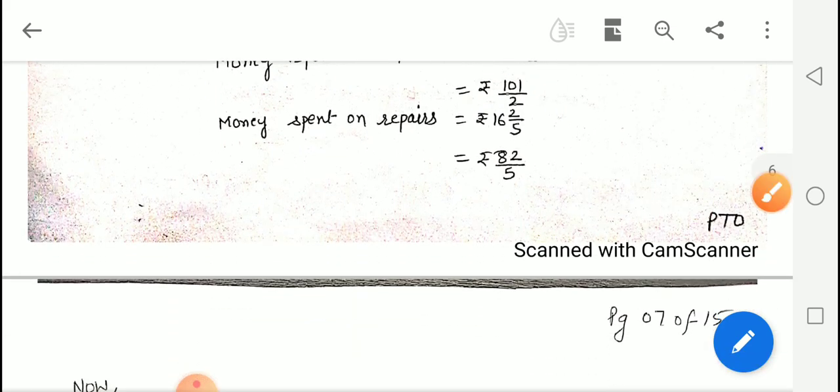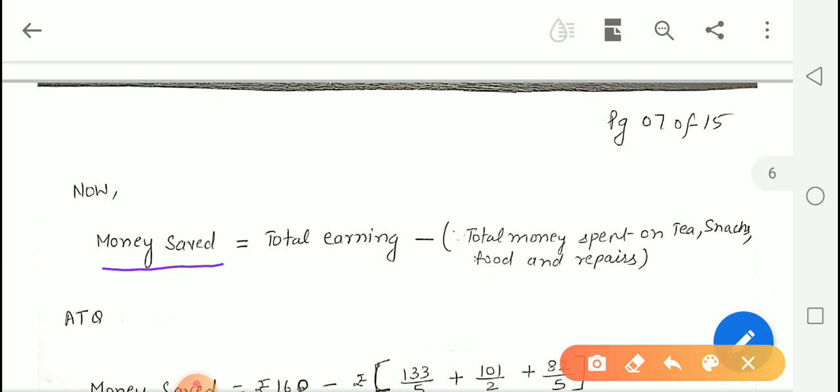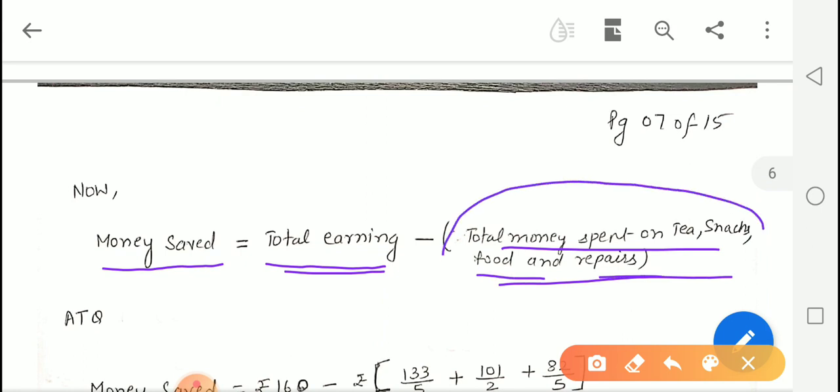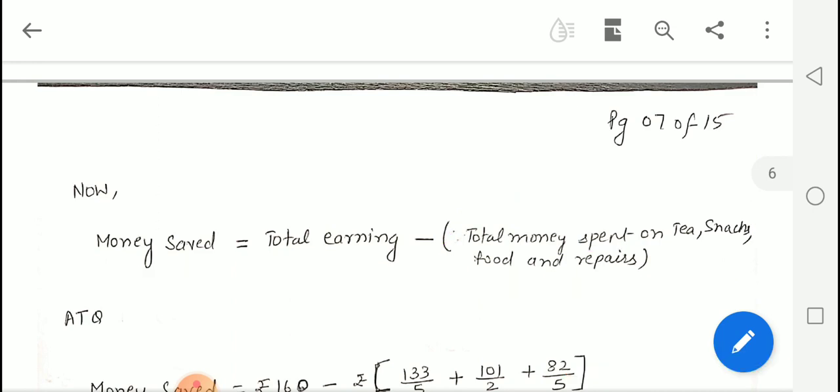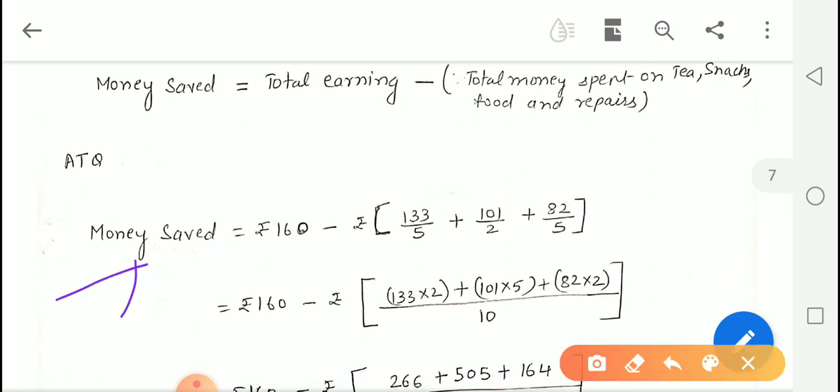Now our equation will become: money saved is earning minus expenditure, as I have told you. So the total earning minus the total money spent on tea, food and repairs. First we will find the total money spent and subtract it from the earning. According to the question, this equation is formed.